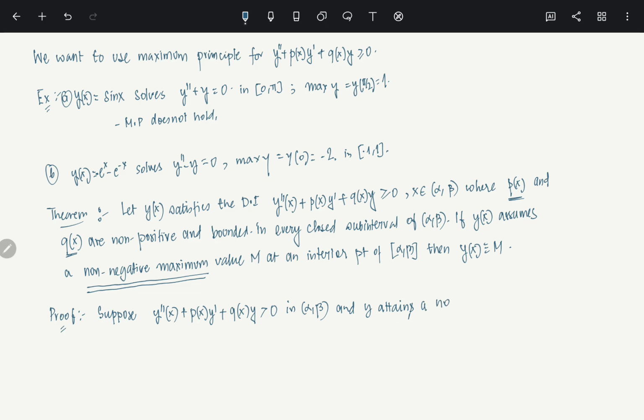This is very important, non-negative maximum, not any maximum.